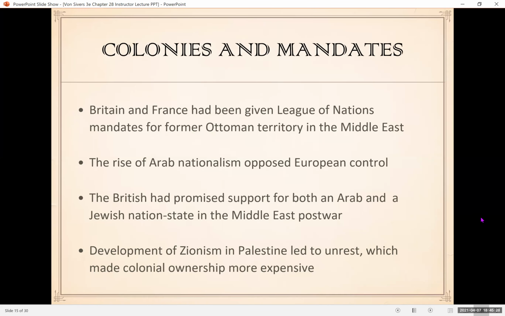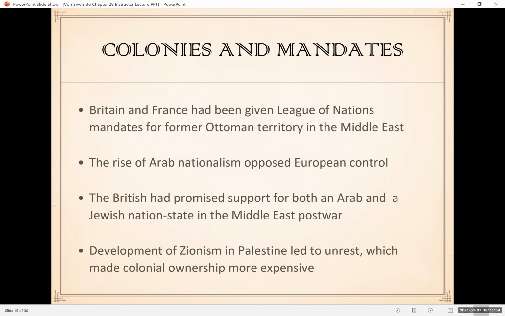So Britain and France, who represent the leadership mainly of the League of Nations, are going to grant themselves control over much of the Middle East with the fall of the Ottoman Empire. The Ottoman Empire, we will see turn into its own nation, Turkey, but it had a whole bunch of colonies and protectorates.